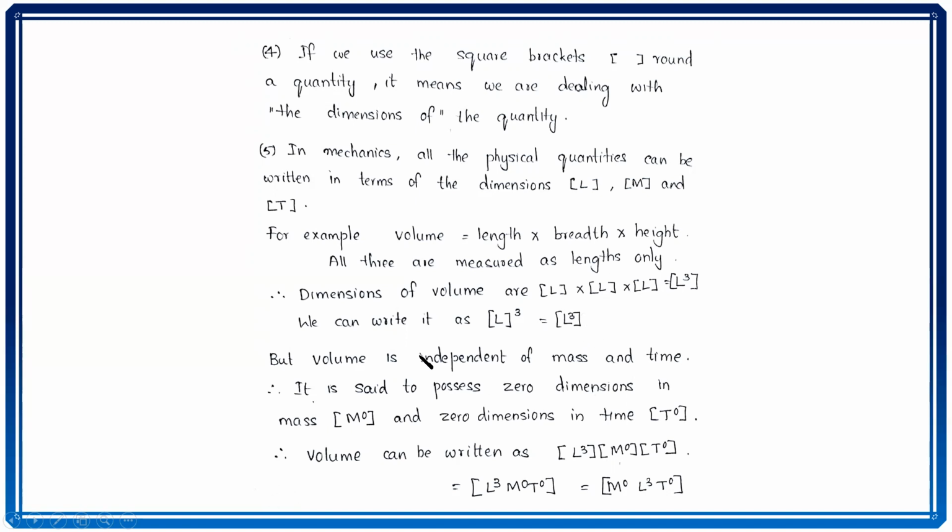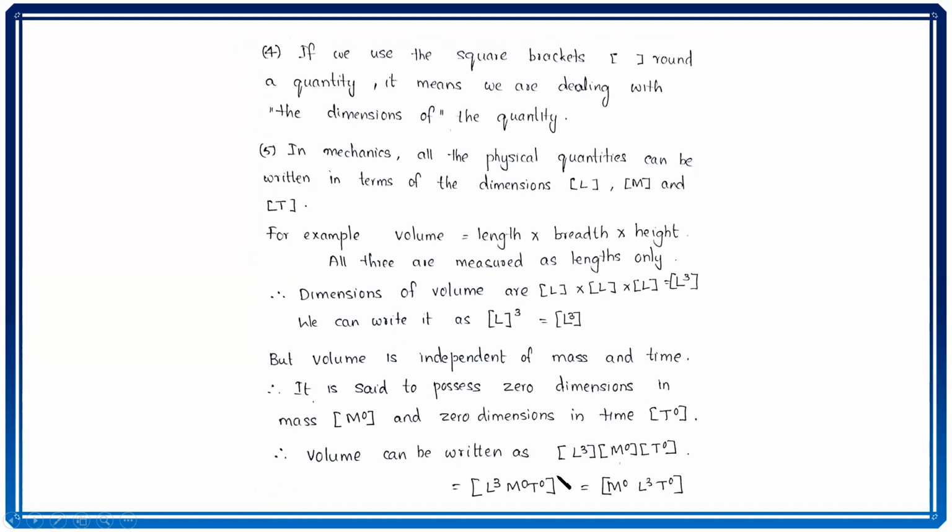Now, if you see volume, in volume we don't have time, we don't have mass. Volume is independent of mass and time. There is nothing related to mass and time. Therefore, mass has 0 dimensions for volume, and time also has 0 dimensions for volume.